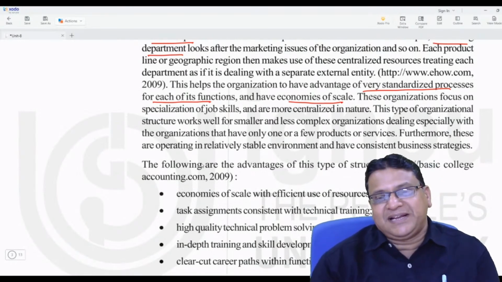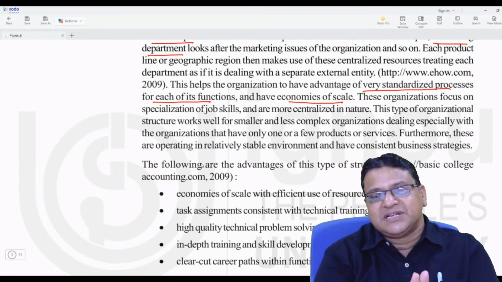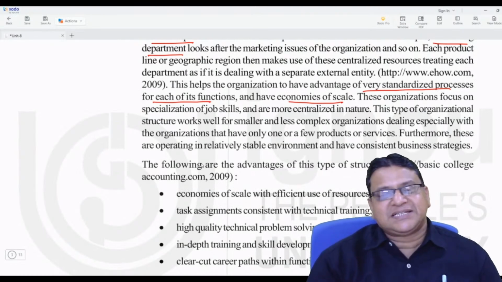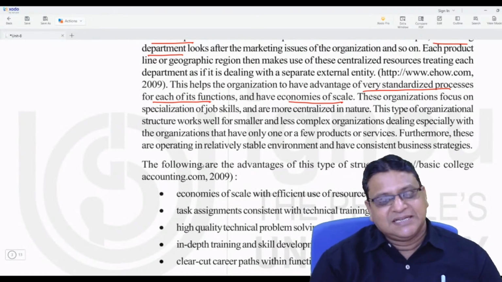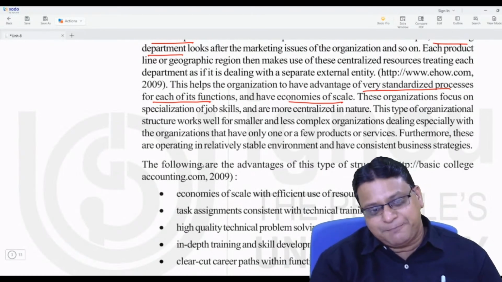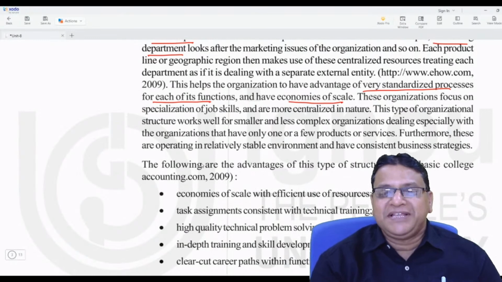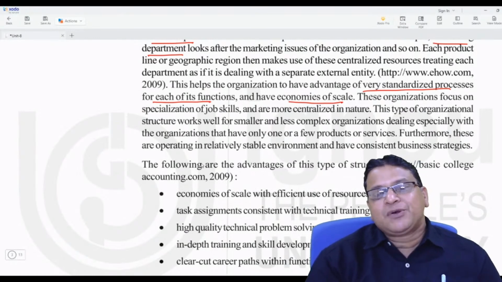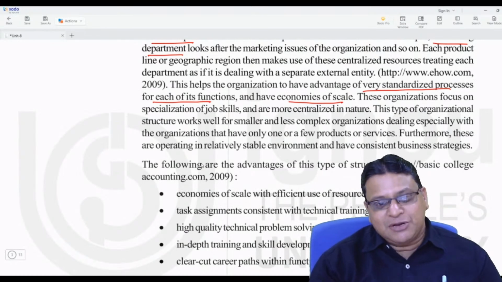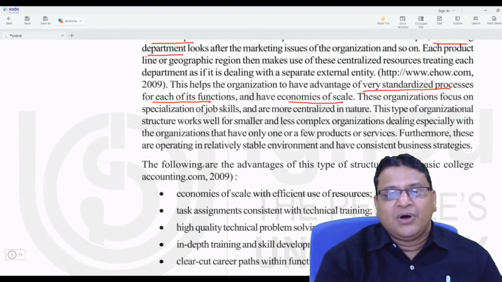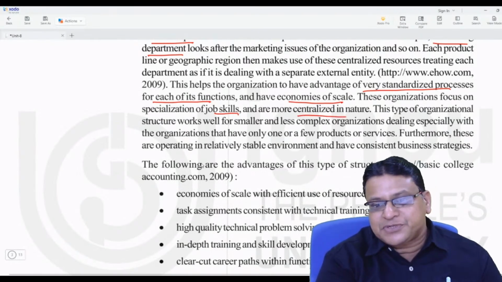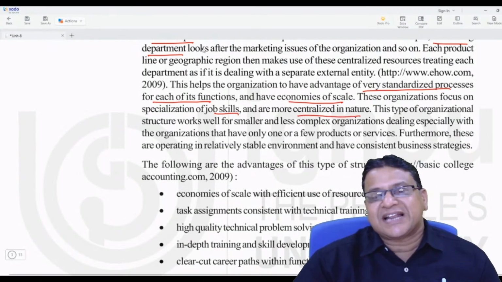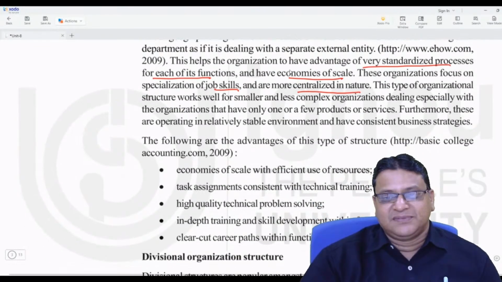All the marketing related works are done at one place, that is the marketing department. Hence, the people working in that department will be specialized. The resources in that department shall be optimally used, and there will be economies of scale. The organization focuses on job skill, and this type of structure is more centralized in nature.